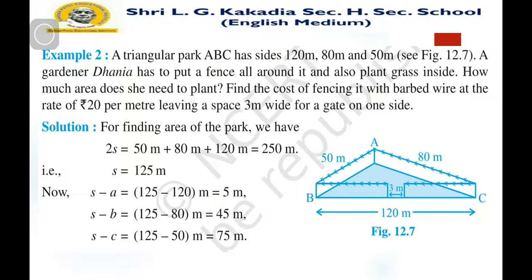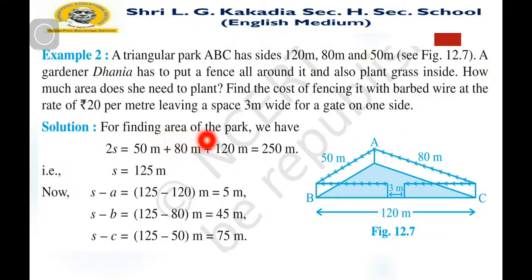So first we have to find the perimeter of this triangle, and we know that if we fence around this triangle, on the gate there is no fence, so after finding the perimeter of this triangle, we subtract 3 meter because it is not included in the fence. So first we find its perimeter, and also we want to find the area of this triangular garden park to plant grass.